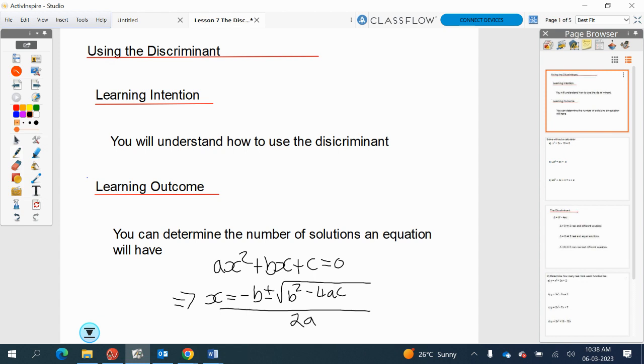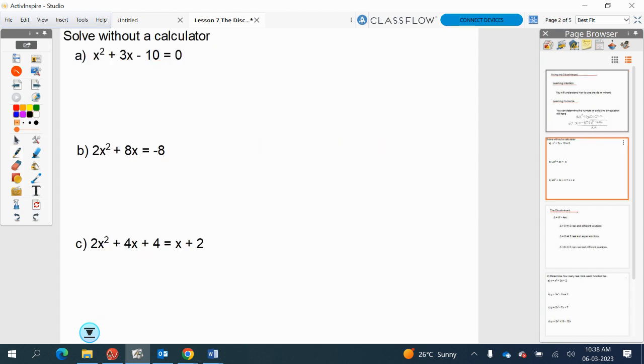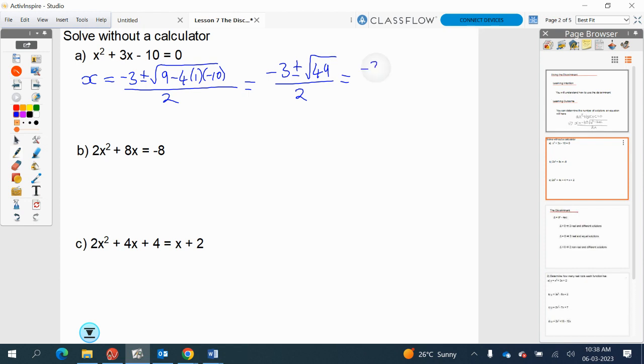So we're going to solve three equations and see what happens on each one. This first equation, we can put it into the quadratic formula. We get x is equal to minus 3 plus and minus the square root of 3 squared minus 4ac all over 2a. This gives us minus 3 plus and minus the square root of 49 over 2, which is equal to minus 3 plus and minus 7 over 2.